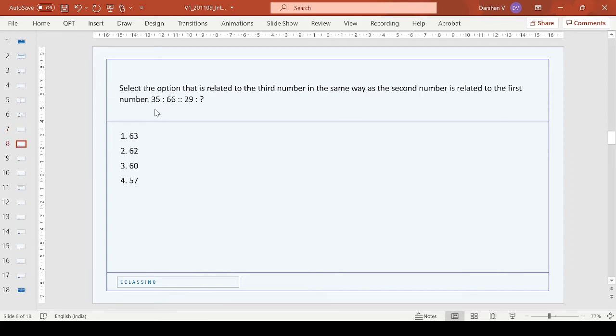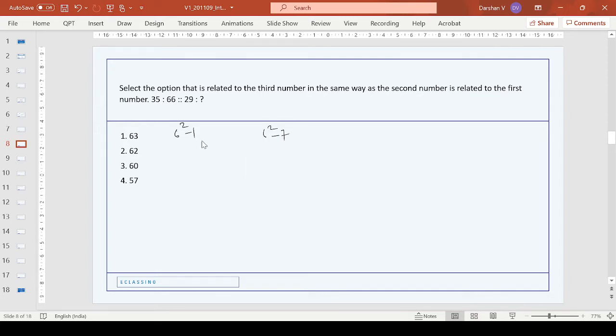Now, we don't really have to read the first sentence. We just need to find out 35, 66, 29, what. So 35 can be written as 6 square minus 1. 29 can be written as 6 square minus 7.